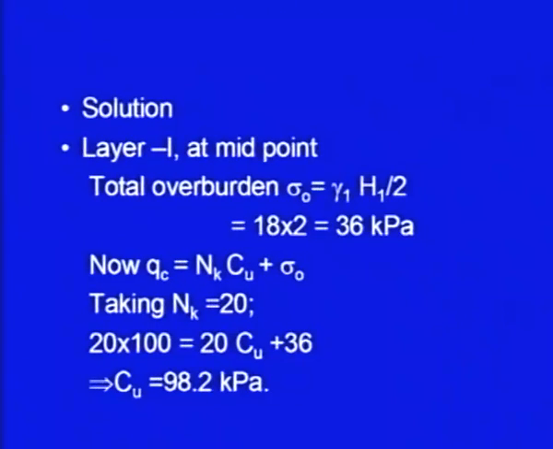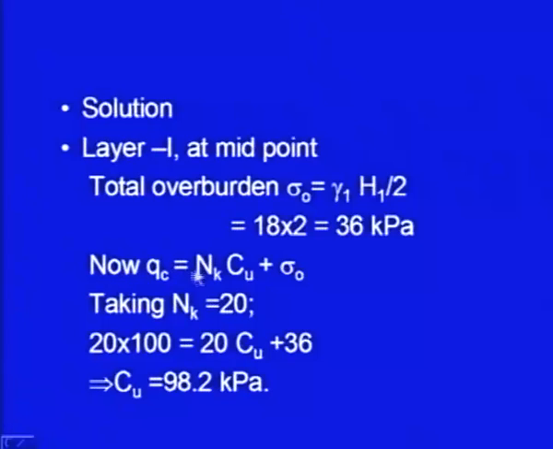Let us go to the solution. We start with layer number 1, and at the midpoint of layer 1 calculate the total overburden pressure. So, it will be gamma 1 into H1 by 2, that comes out to be 36 kilopascal.